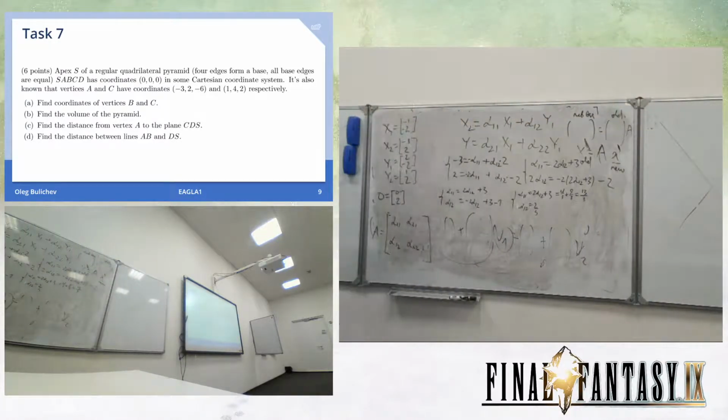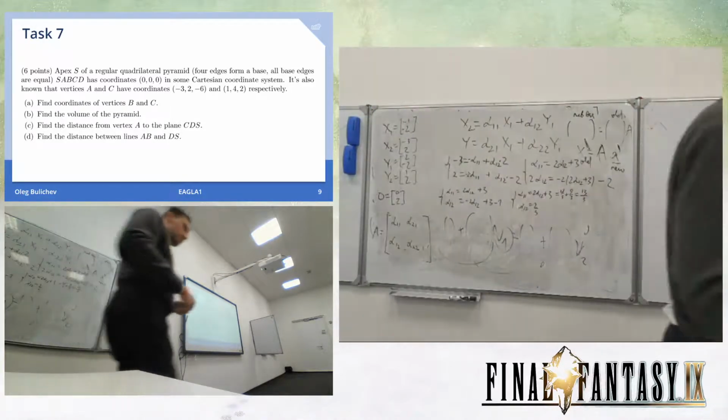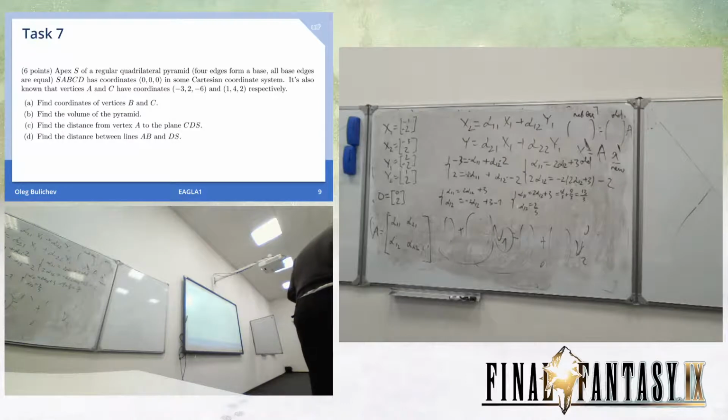What is the formula? How to actually get this formula? This equation appeared from the assumption that, let's see.